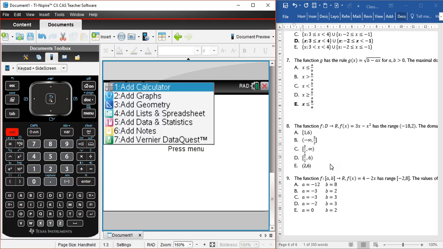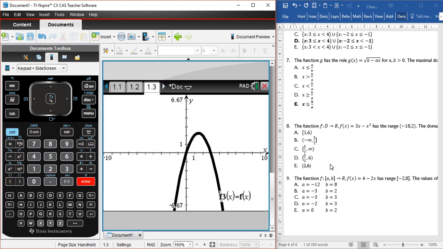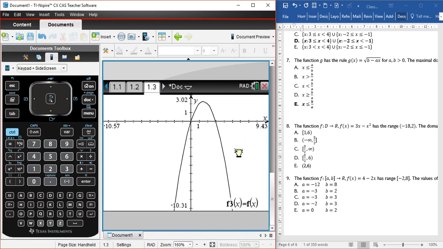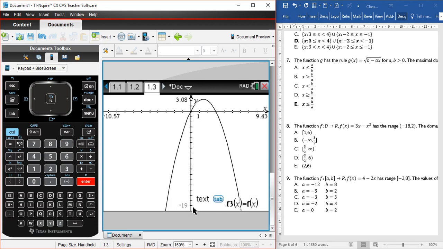Okay, let's see what the graph looks like. So -18 is, I mean, you can change the scale. Let's go to -19. Okay, so -18 somewhere here, and 2, where is 2?